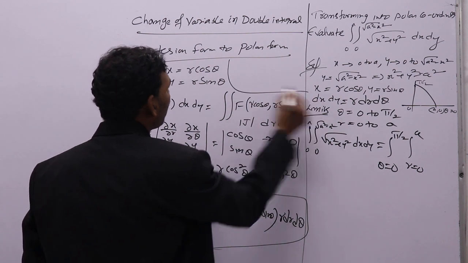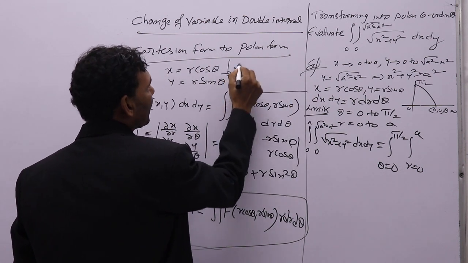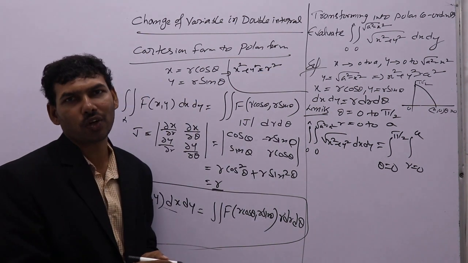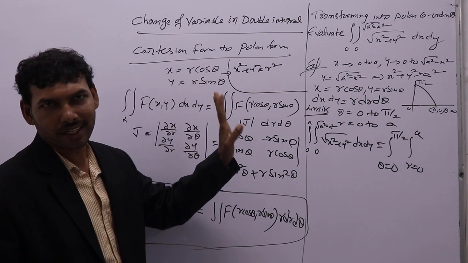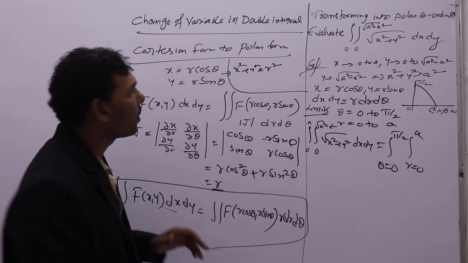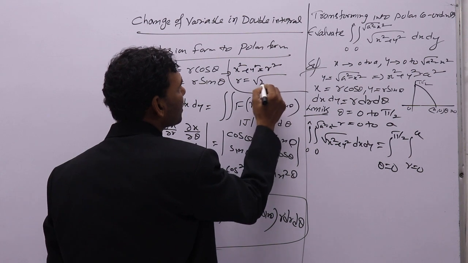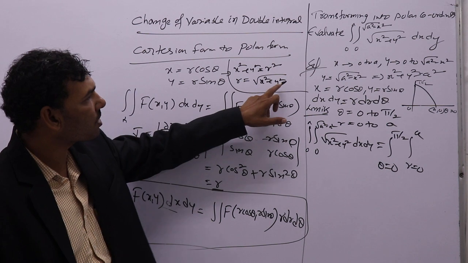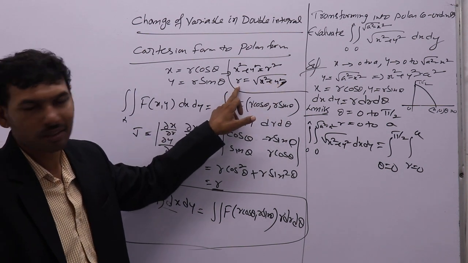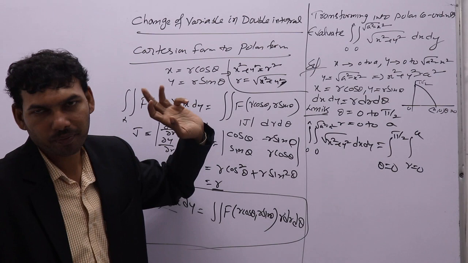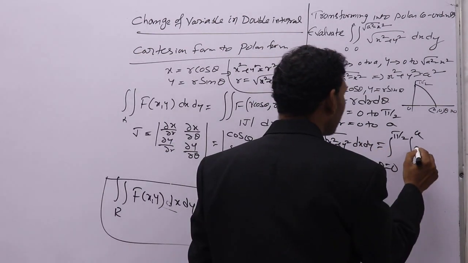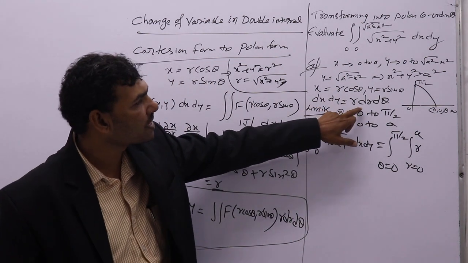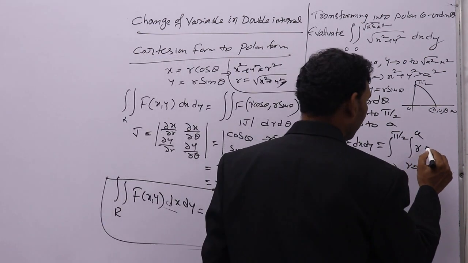Here only I am going to evaluate: x square plus y square equals r square into cos square theta plus sin square theta. Cos square theta plus sin square theta is 1. So x square plus y square equals r square. What is r? R is root of x square plus y square. So we can write r in the place of root of x square plus y square by using this relation, and dx dy will be replaced with r dr d theta.